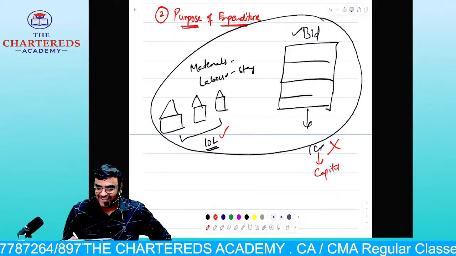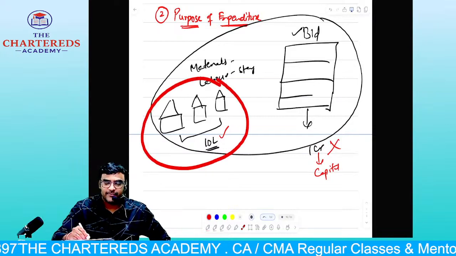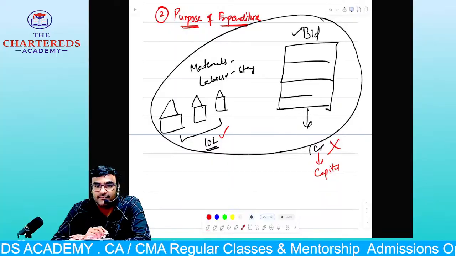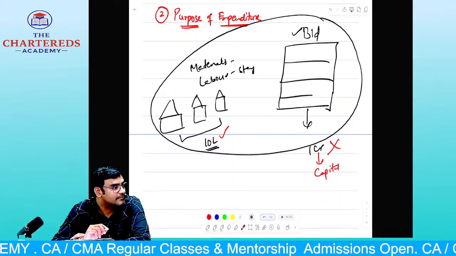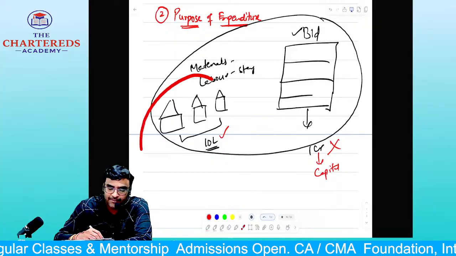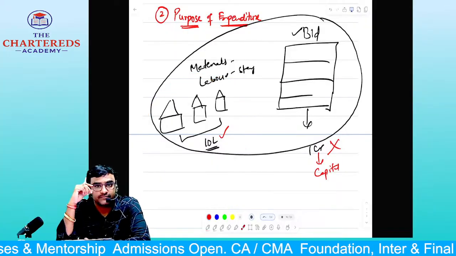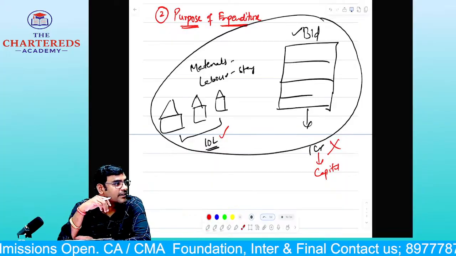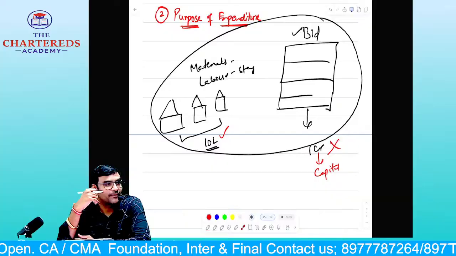ఈ 10 lakh rupees ఏం చేస్తాం? ఇది క్యాపిటల్ ఎక్స్పెన్స్, ఇది రెవెన్యూ ఎక్స్పెన్స్. So is it capital or is it revenue? Revenue antunnadu. Capital antunnadu. Some people are looking at me for the answer.